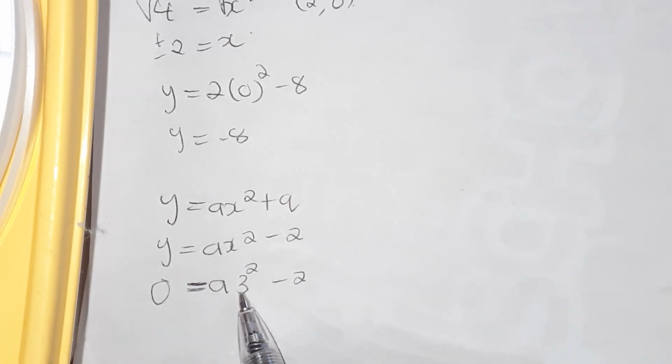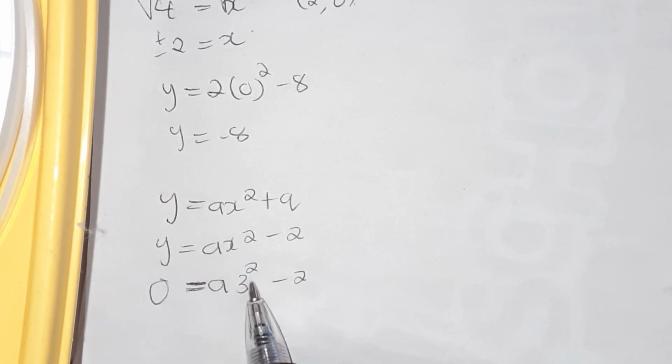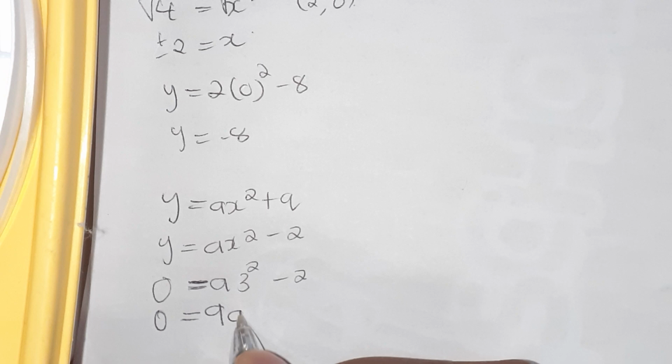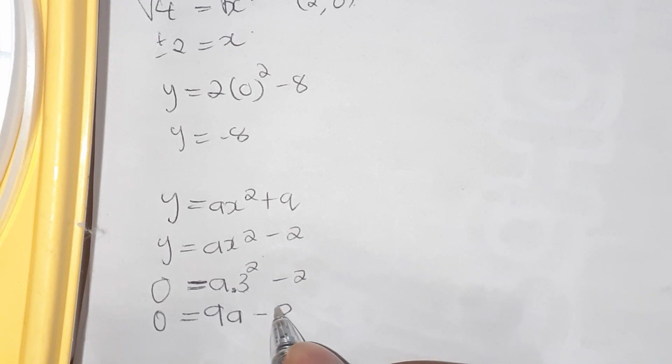So x is negative 3, y is 0. So we have to find the value of a, right? So 3 squared is 9. 0 equals 9a minus 2, so this 2 will be positive, plus 9a.